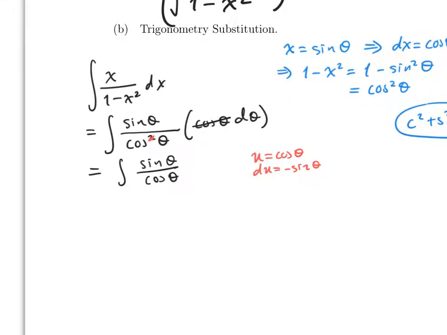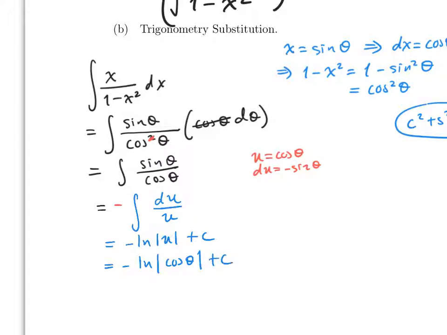So therefore this is the same thing as negative the integral of du over u, which again is negative ln u plus c, which is negative ln of cosine theta plus c.